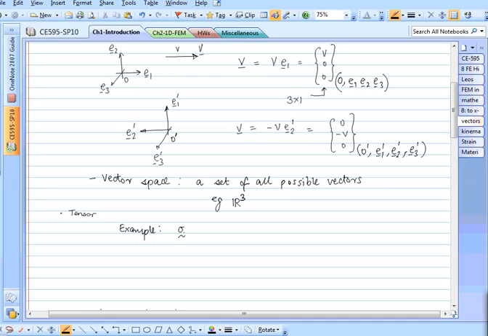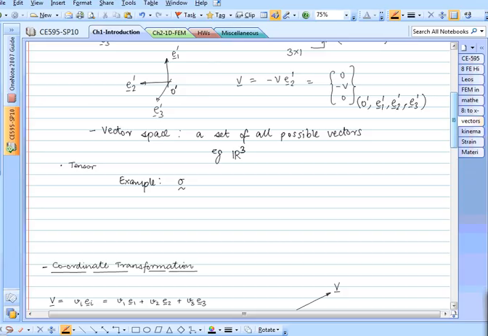Example: sigma, the Cauchy stress that we were talking about all this while, right? The Cauchy stress is a tensor, and we can represent that Cauchy stress in a matrix form, 3 cross 3 matrix form. But there's a little bit of a difference between a matrix and a tensor, which is not that important, except if you're a mathematician.